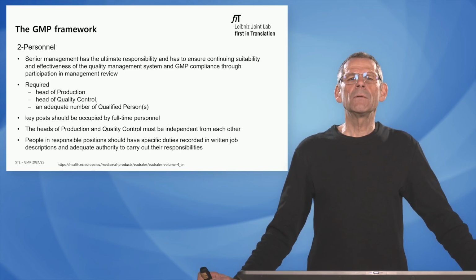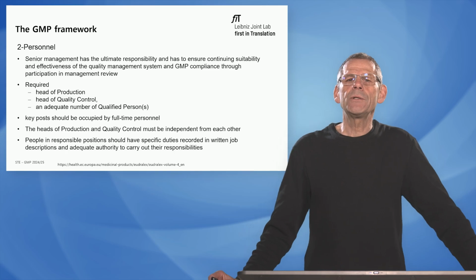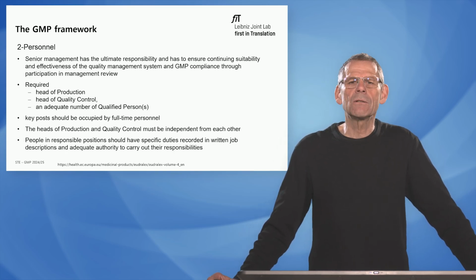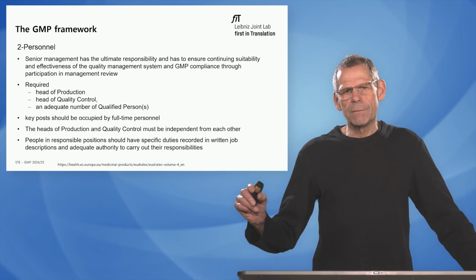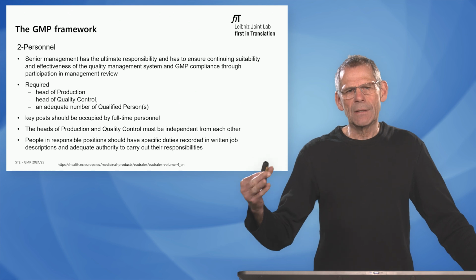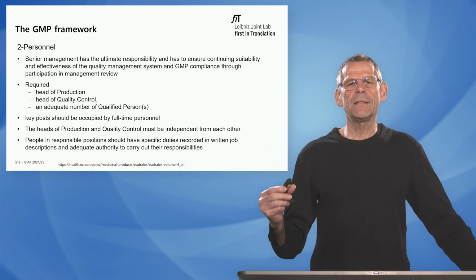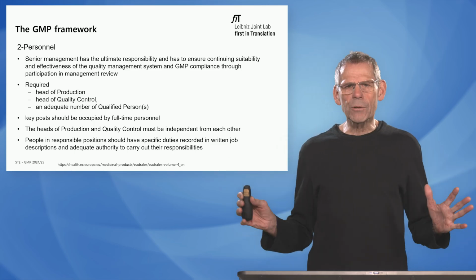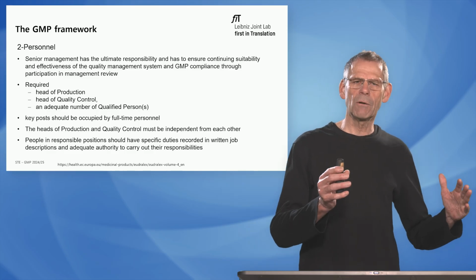And the people in responsible positions should have a specific duty recorded in a written job description and an adequate authority to carry out the responsibility. So the idea here is that everybody understands the responsibility they have and that there is no possible bias, that they say it was not me who was responsible, I thought that my colleague.